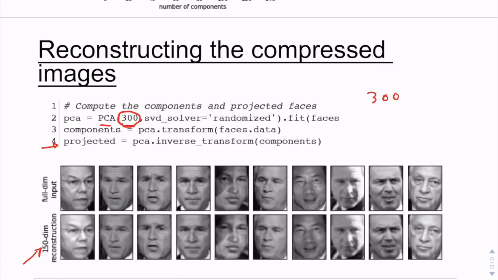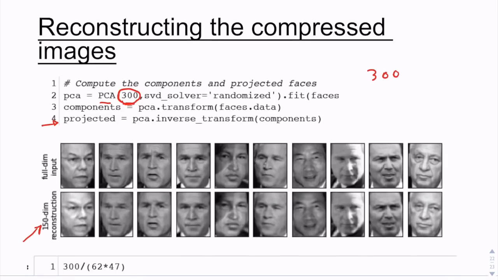So for each image we now have 300 pieces of information, because they are mappings of pixels in another space. But originally we had 2,914. So if you divide these two numbers, you get a compression rate of 90% by doing the principal component analysis.